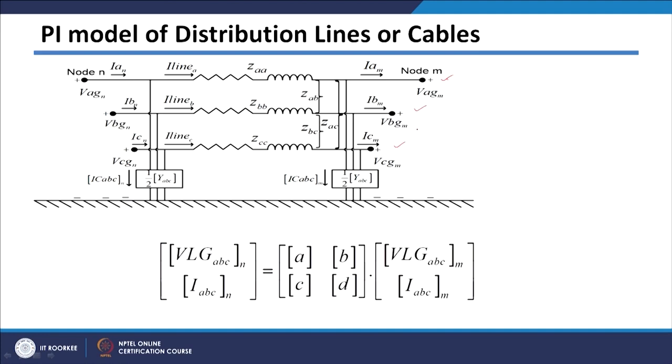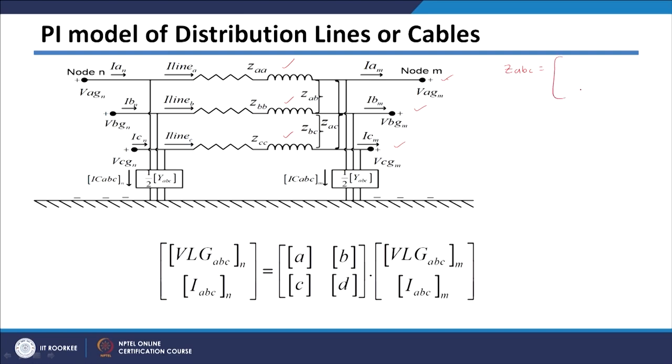So, these are 3 phase conductors after applying the Kron's reduction and after eliminating your ground conductors. These are the series impedances of the line, and as I told you, this is a 3 by 3 matrix which we have derived, Z ABC.